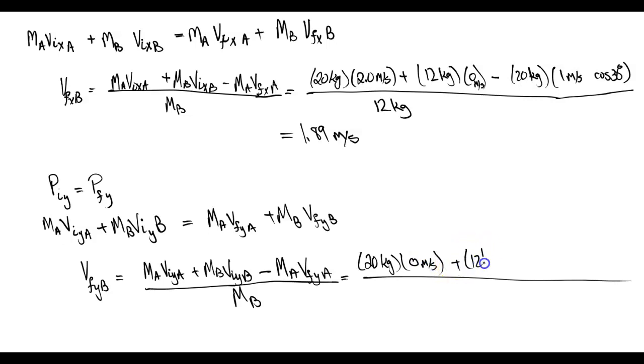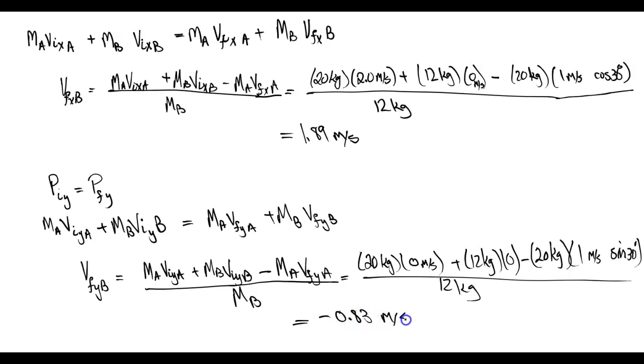Plus 12 kilograms, robot B was not moving, minus 20 kilograms times 1 meter per second, and now times the sine of 30 degrees, all over 12 kilograms, which gives us a negative 0.83 meters per second.